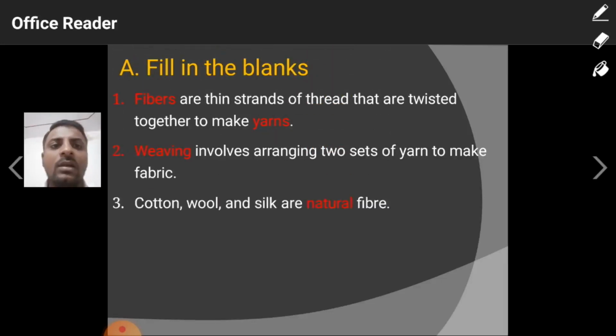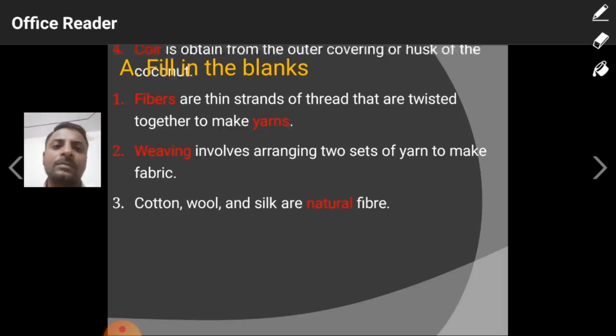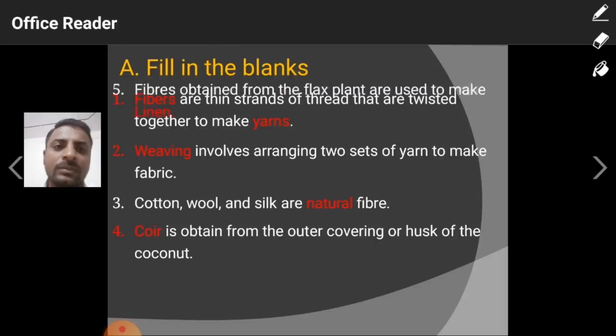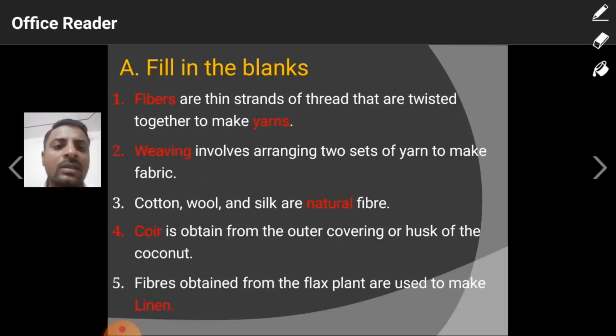Next is, cotton, wool and silk are natural fibers. Coir is obtained from the outer covering or husk of the coconut. Fibers obtained from the flax plant are used to make linen. So these are the fill-ups. Here you are seeing the color red is showing the answers of the fill-ups.